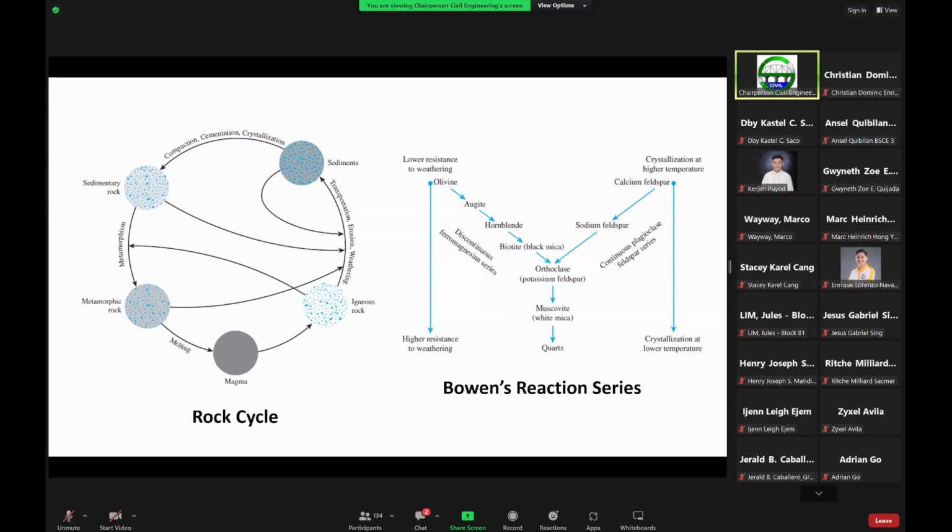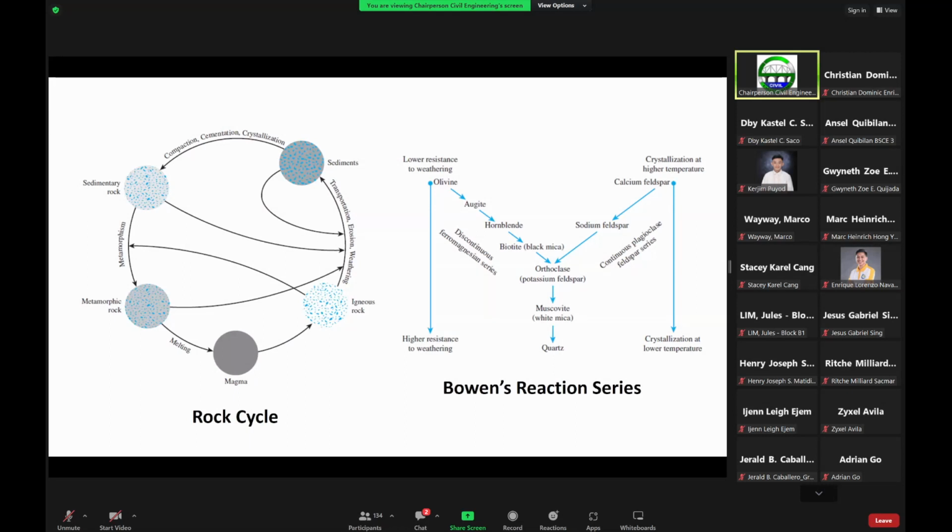Because of this rock cycle, this guy, Bowen, created a sort of reaction series, wherein he found out that with respect to weathering processes and with respect to temperatures, some minerals will be formed.